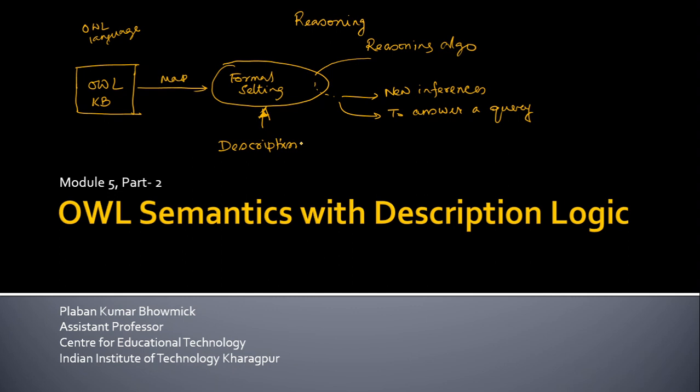So description logic is the logic or formal or mathematical framework to describe OWL ontologies in a formal notion. So in this module, we will be discussing how to capture the semantics of OWL using description logic, right?